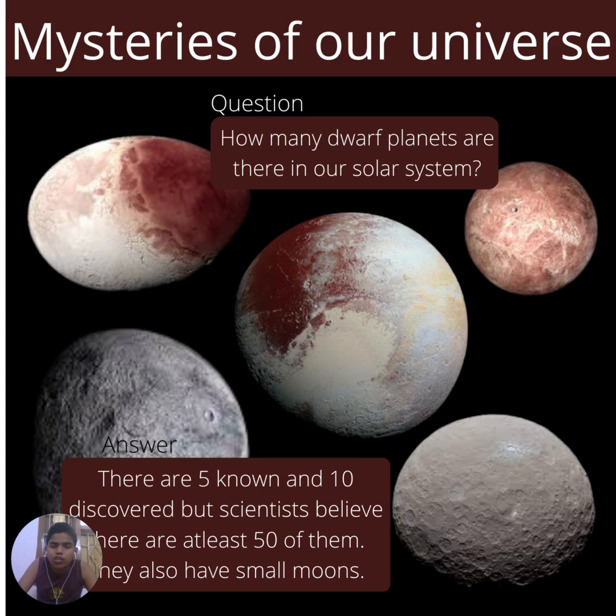Let's talk about dwarf planets. Dwarf planets are basically the planets which can't fulfill these three criteria. Criteria 1. A planet should orbit the sun, and they do. Criteria 2. They should be in hydrostatic equilibrium, which means they should form nearly a sphere, which is not formed by Haumea and Ceres.